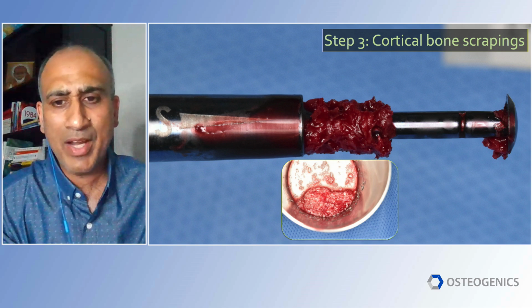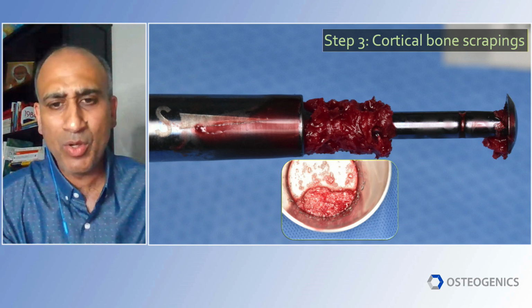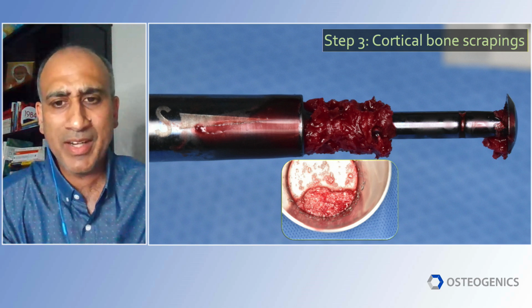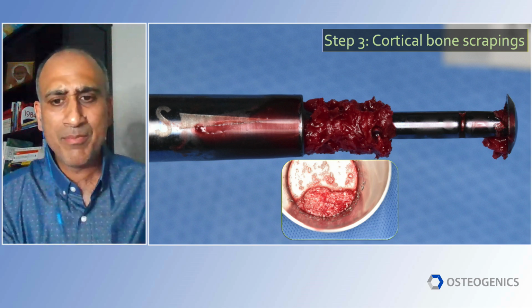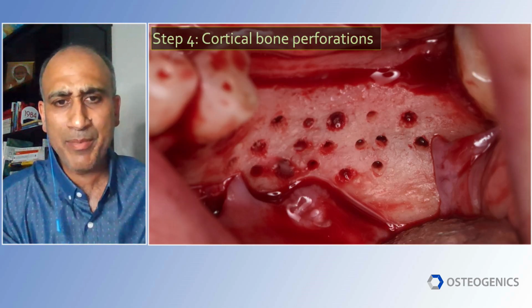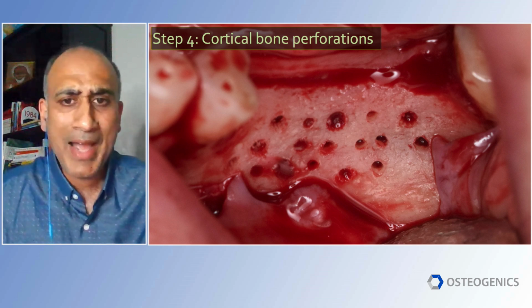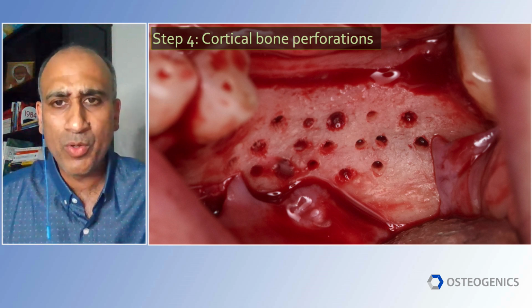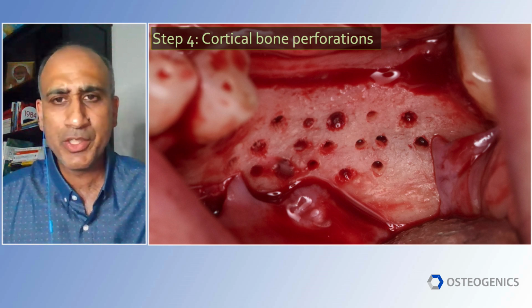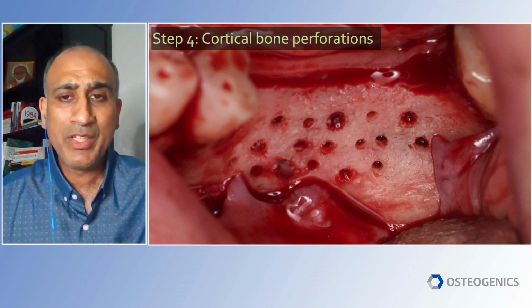And my particulate allograft of choice is a mineralized cortical cancellous particulate allograft. So I make this composite bone mixture with the autogenous bone scrapings. Now, I'm a creature of habit. I still like to do cortical bone perforations. Even though the literature says that it may not make any difference, I think that there's certainly no harm to it.